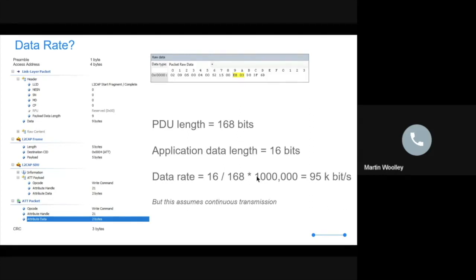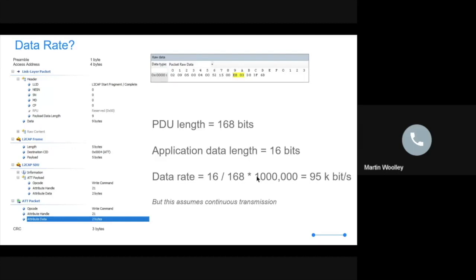So one of our techniques is to send more in each packet, therefore we're getting more of the bandwidth for application data purposes as a proportion of the whole. One point, in italics down there: all of these calculations, they assume continuous transmission, that 95 kbits per second of 16 bits off of 168 over a 1 megasymbol per second physical layer. That assumes continuous transmission, which is not how it works, as you shall see.